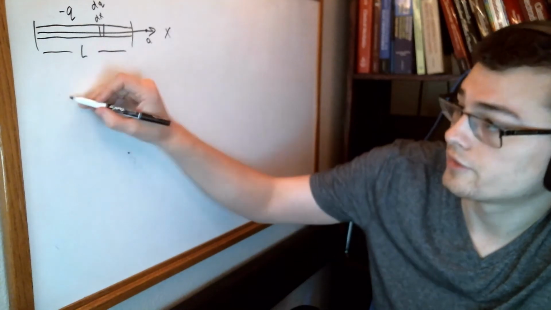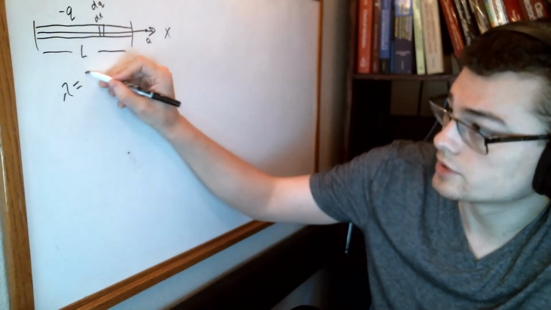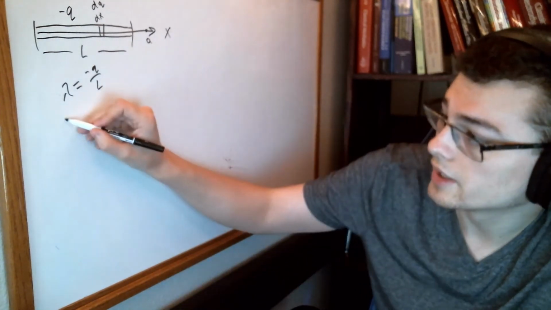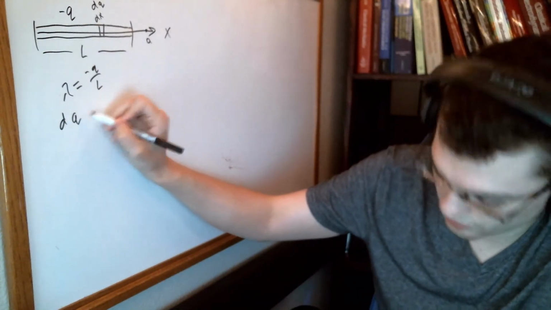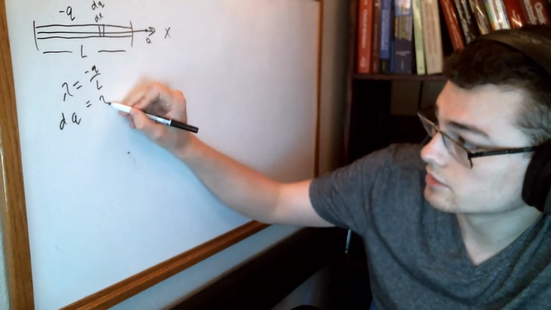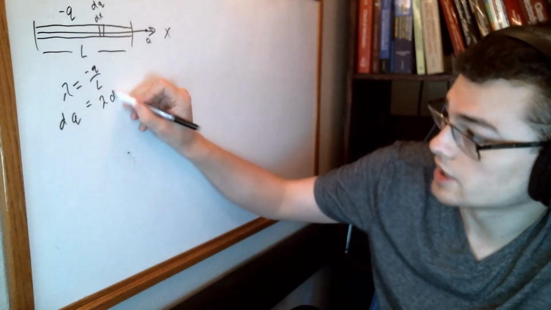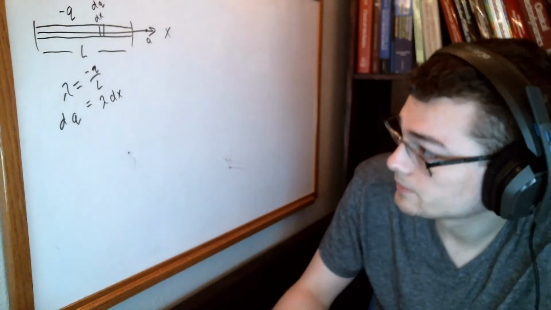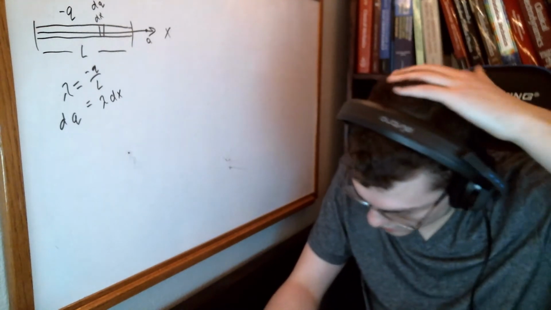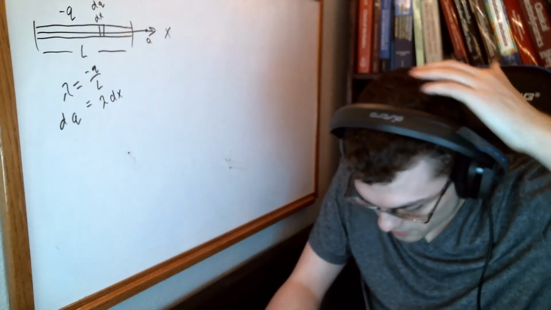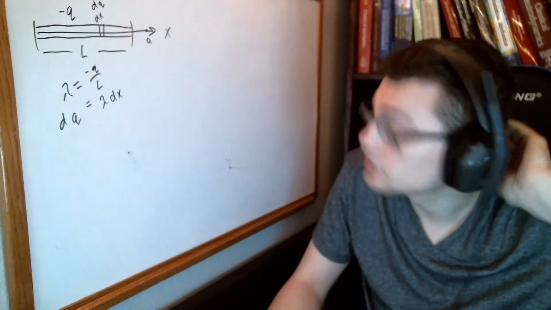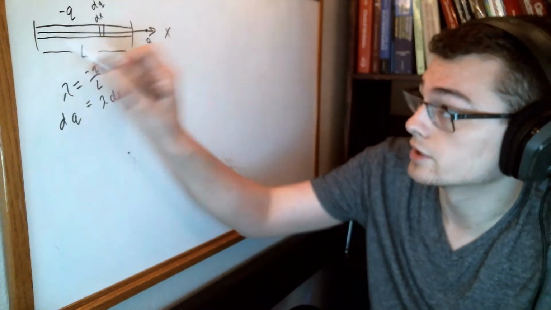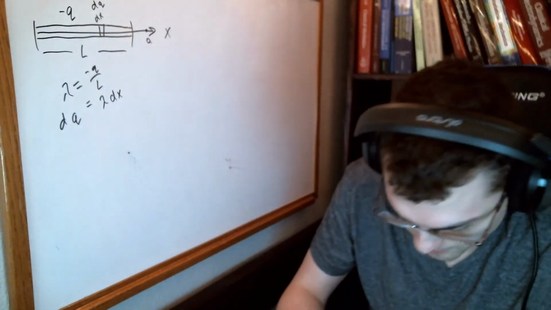If lambda is equal to negative Q over L in this situation, then dq is equal to lambda dx, like we did in the last problem. But in this case lambda is going to be a constant, since the charge is uniformly distributed over this rod.